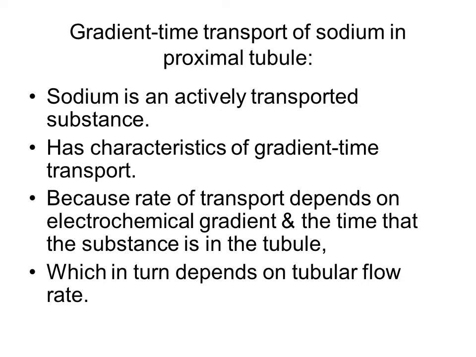Transport of this type is referred to as gradient time transport because the rate of transport depends on the electrochemical gradient and the time that the substance is in the tubule, which in turn depends on tubular flow rate.